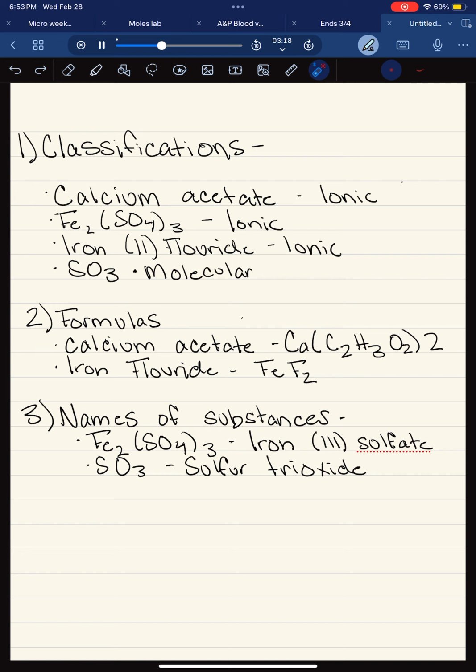So the iron sulfate, we have the sulfate here because of those 3. And then we have the sulfur trioxide here. We have the 3 on the oxygen, which is going to give us oxide, the trioxide, and then the sulfur here.